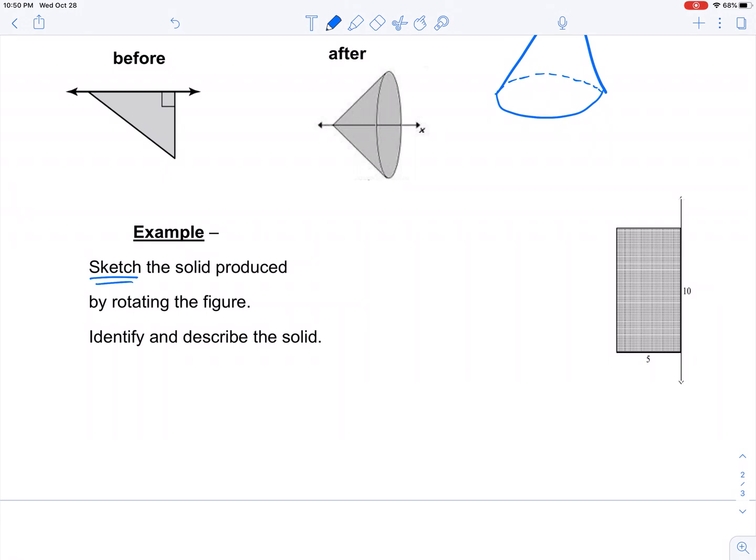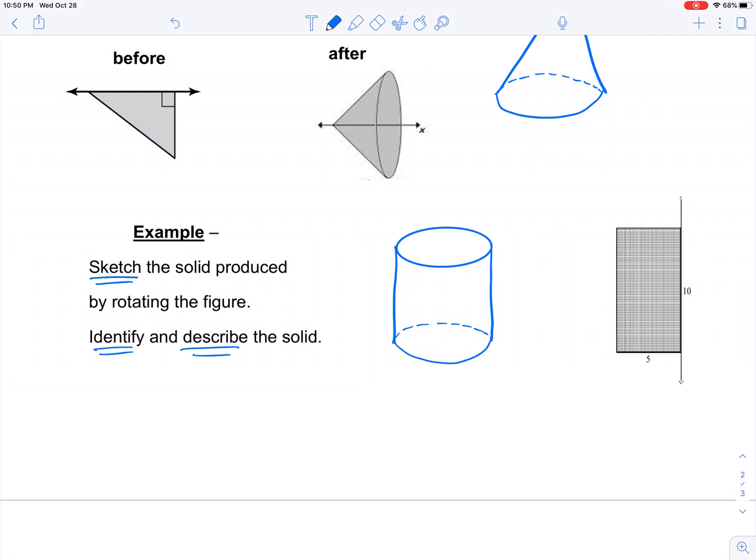And then after we sketch it, we need to identify and describe. So there's three things you're going to be doing. First, let's sketch the figure. So it goes around in a circle. And you know my sketches are not very good, but that's not too bad.